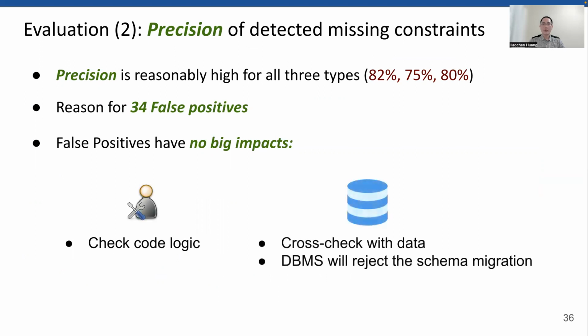They can also easily cross-check with the production data. Even if they wrongly add a constraint, the database will reject the schema migration if any existing data violates it. Developers can then decide whether this is a false positive or if data cleaning is required.